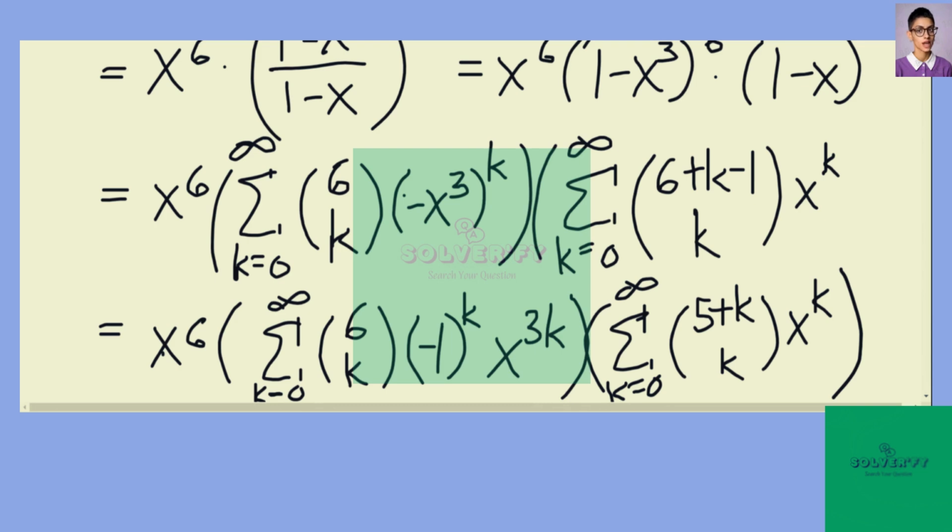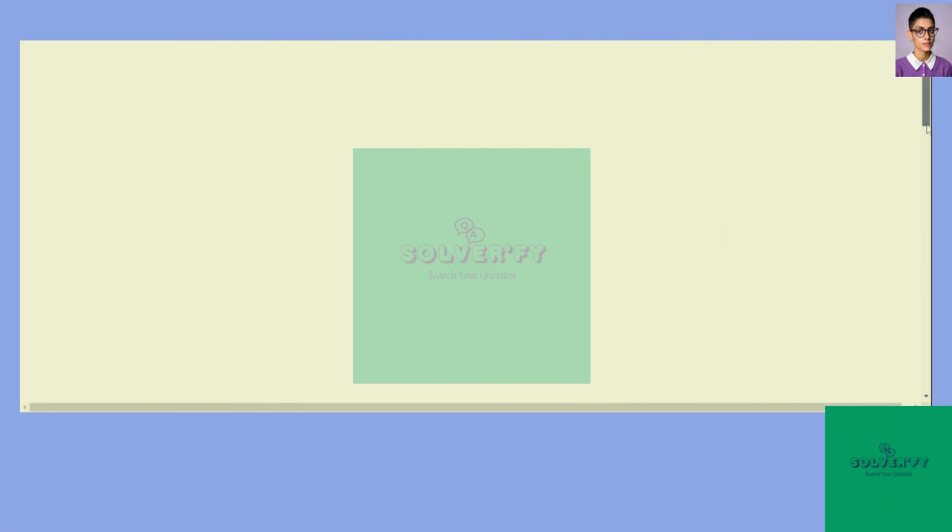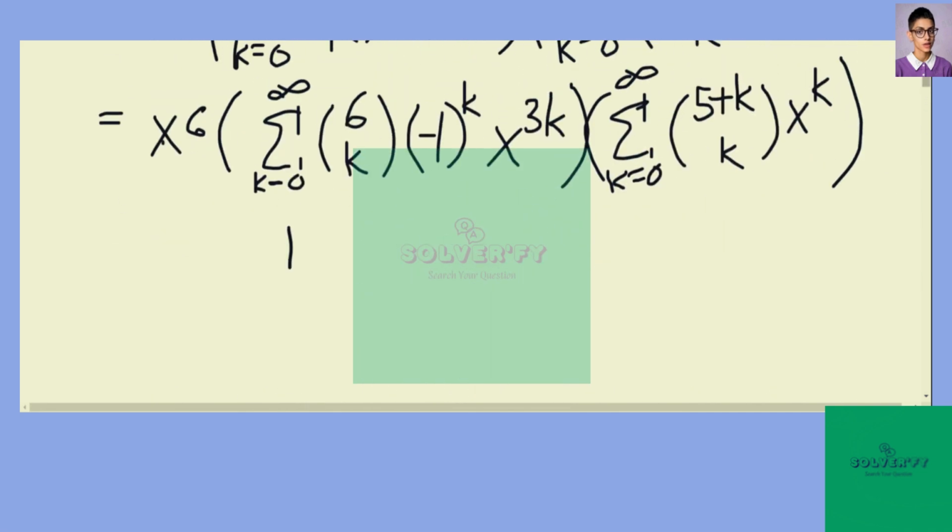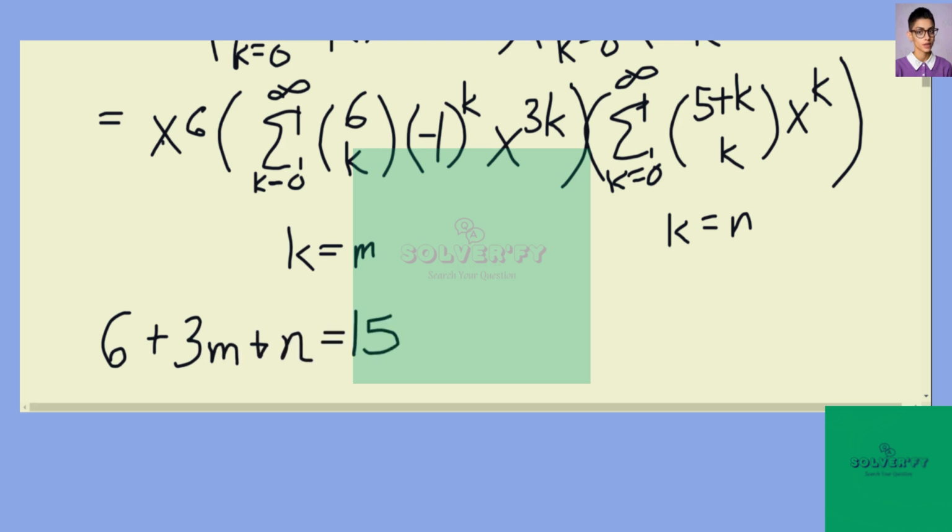And so if we take this k to be m and this k to be n, we have that 6 plus 3m plus n must be equal to 15, which can be written as 3m plus n must equal 9.